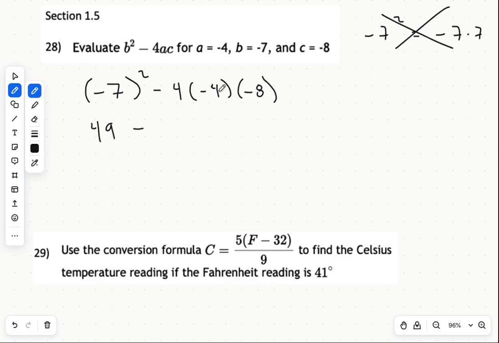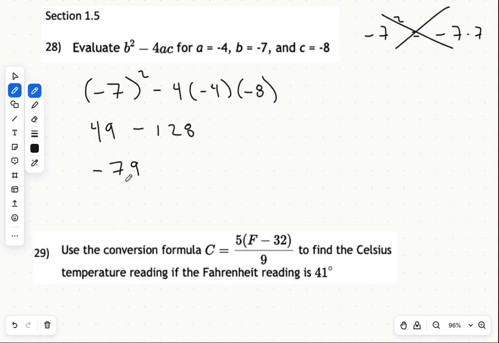So if we multiply 3 negatives together, it's going to be a negative. If there's only 2 negative signs, it would be a positive. And so 4 times 4 would be 16 times 8 would be 128. And then just finishing that up, saying 49 minus 128, and that would be negative 79.